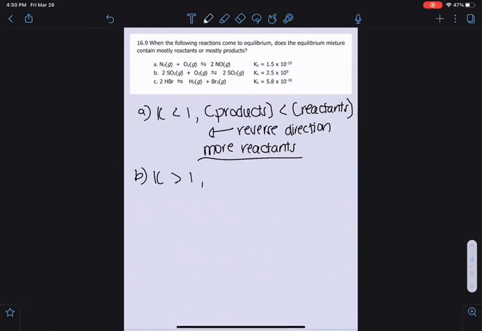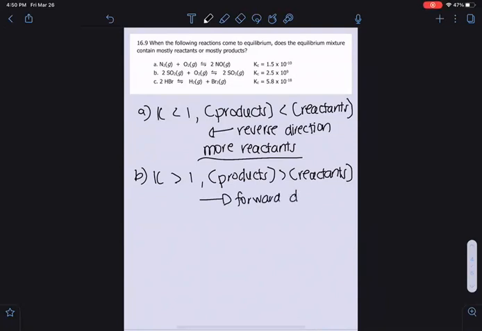And if K is greater than 1, we know that the concentration of the products is greater than the concentration of the reactants, and that this reaction wants to go in the forward direction. And if this reaction wants to go in the forward direction, it will ultimately produce more products.